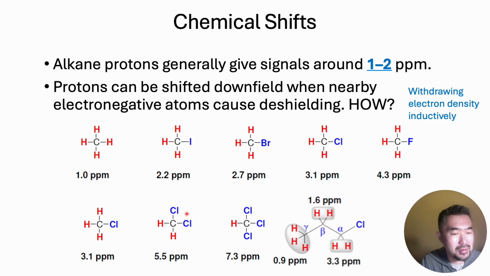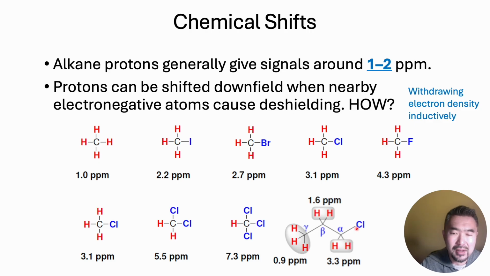There's about a 4.5 shift, and then again tripled, about a 6.3 shift with 3 chlorines. It's not always exactly additive, it's not exact math, because it depends on other things as well, but it's roughly additive. I hope that makes sense.